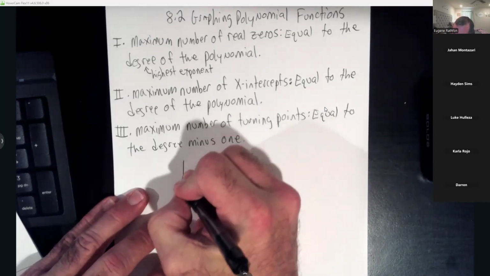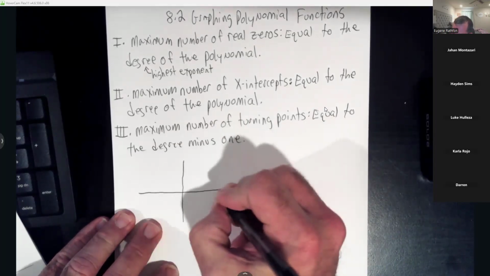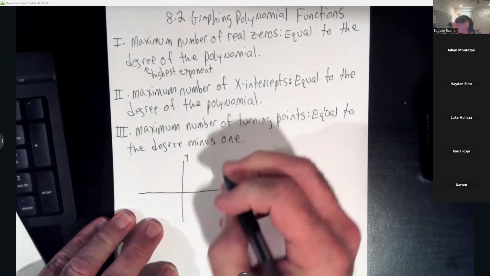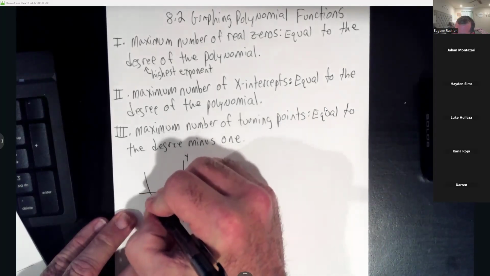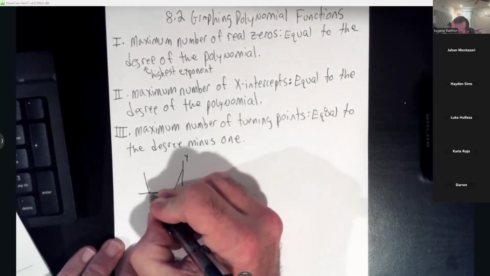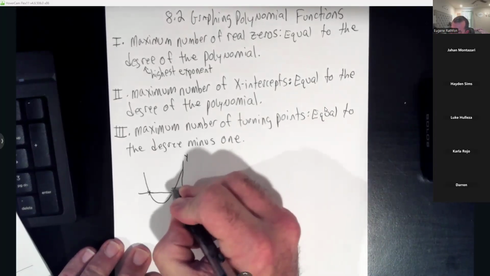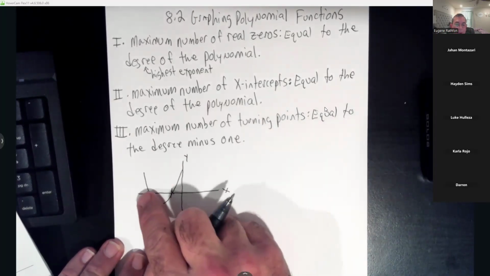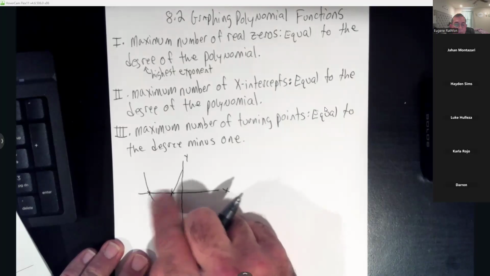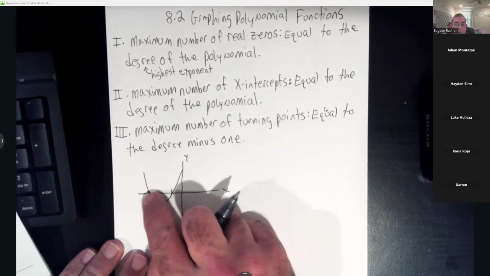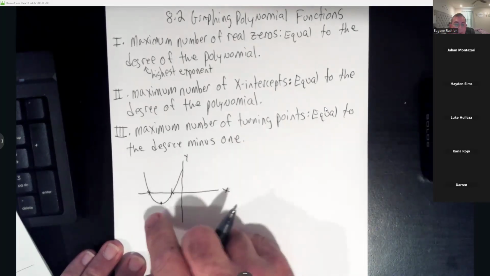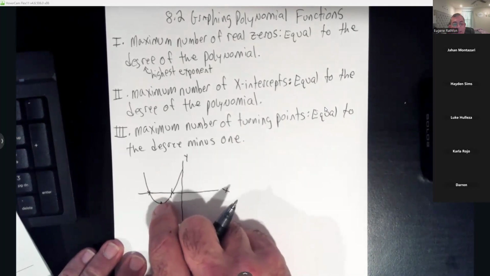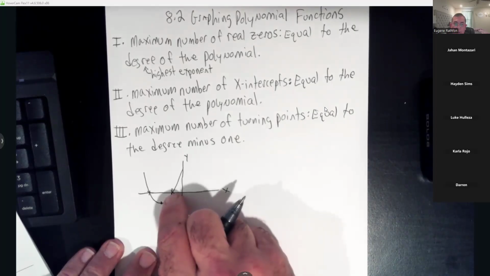So y'all, let me show you real quick. If you had a parabola coming down and going up, and say this is an x squared graph, you see it's got two places where it crosses the x-axis, so that would be the two real zeros, two x-intercepts, and then it's going to turn one time, so that would be 2 minus 1 to get 1, one turn.